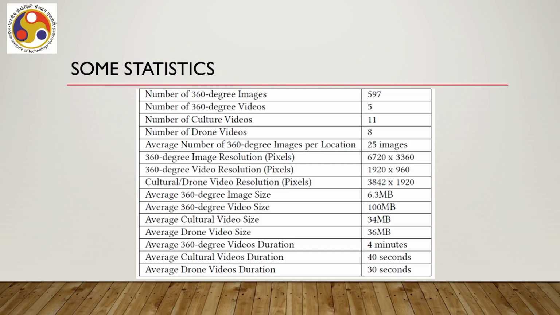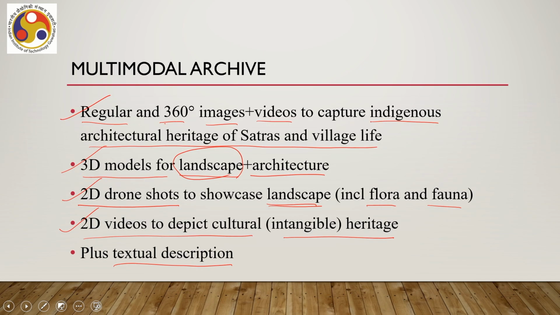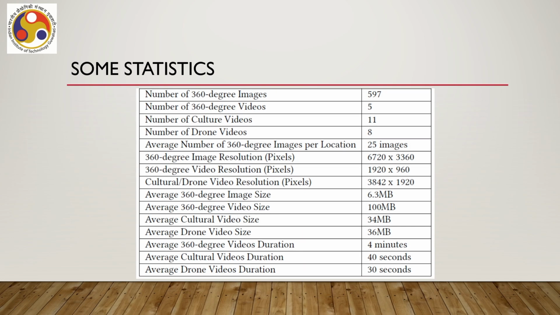These are some of the statistics of the things that we have captured. Of course, we have captured much more than what the numbers show here, but after going through the captured information, we have processed and kept the minimum things required, and we can utilize this information to recreate a more expansive virtual landscape.